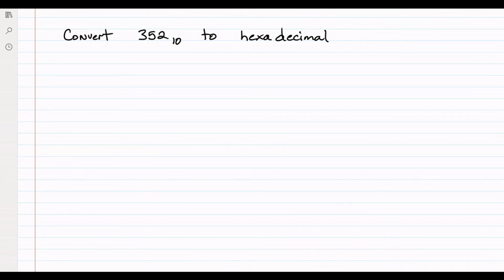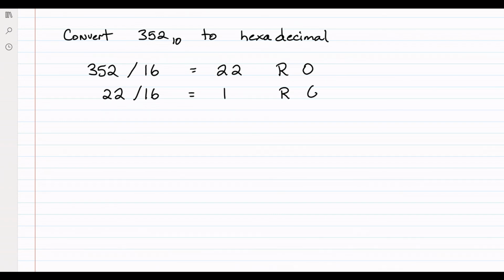Okay, so 352 divided by 16 is exactly equal to 22, so it has a remainder of 0. 22 divided by 16 is equal to 1 with a remainder of 6.